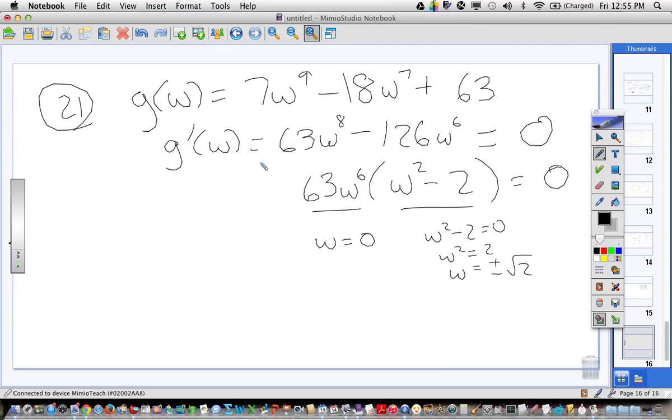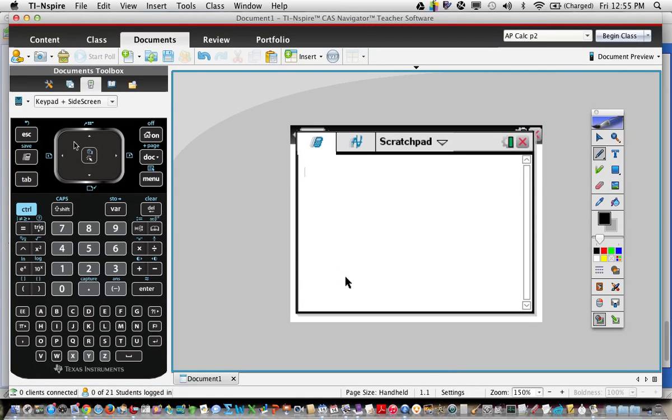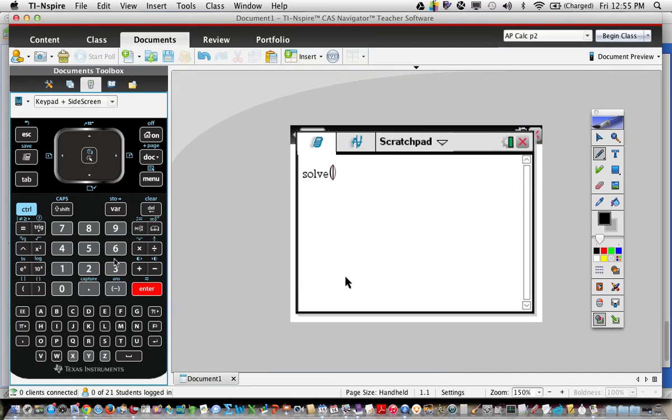So if this was a calculator one, you could have gone over to your calculator and said algebra, solve, and you could have typed in 63w to the 8th minus 126w to the 6th equals 0, comma, w, hit enter, and you get all three answers.